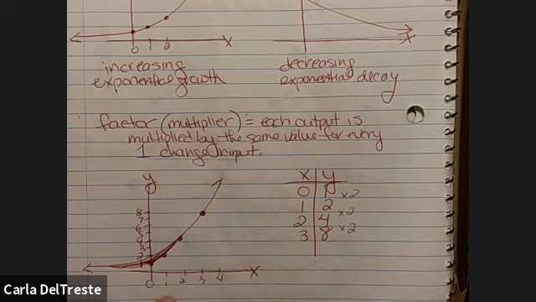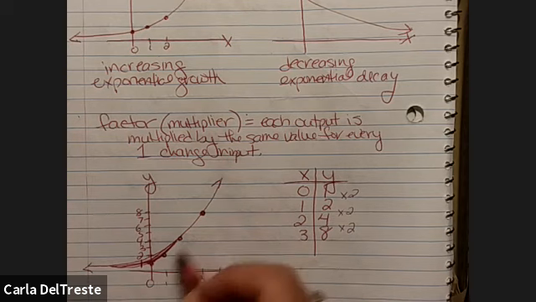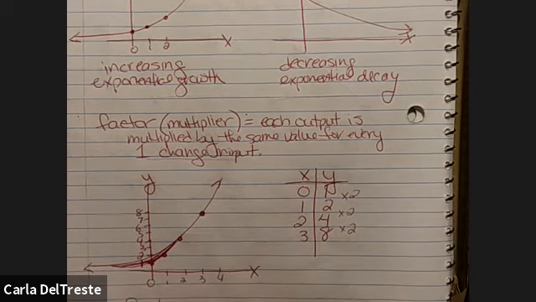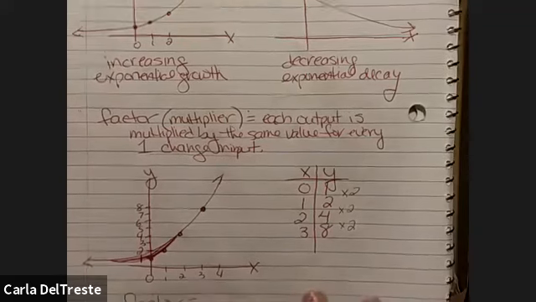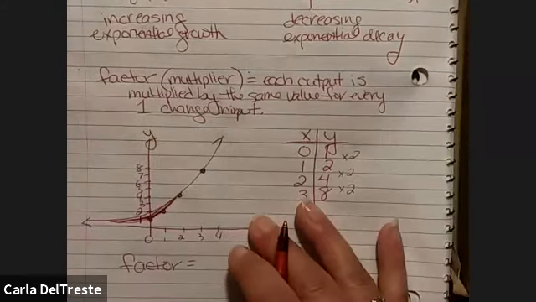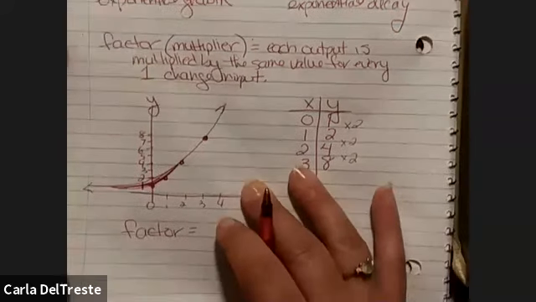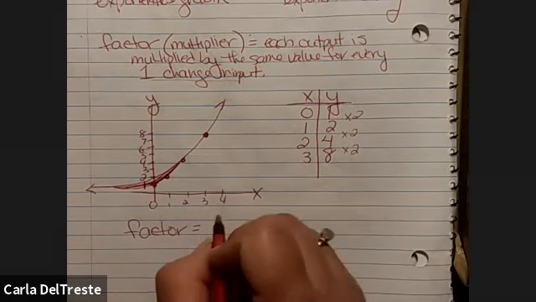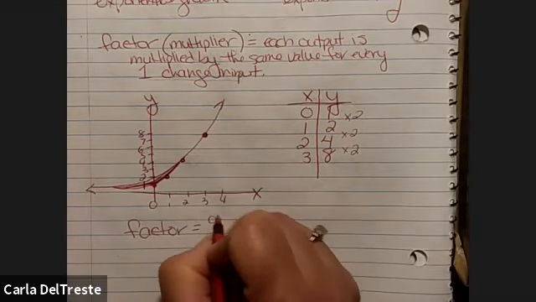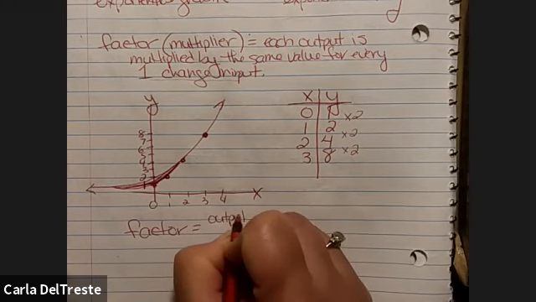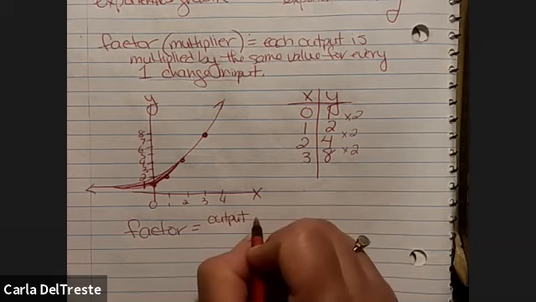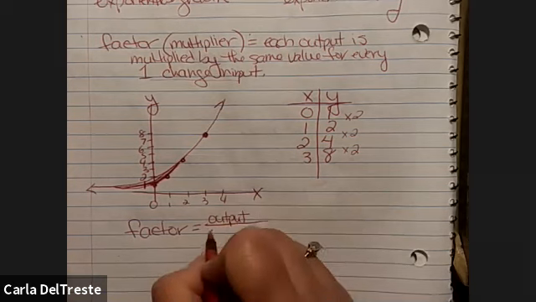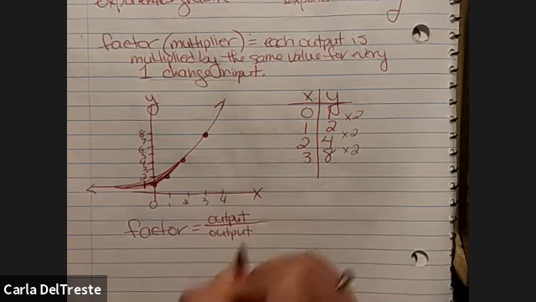Okay. How are we going to figure that out from the graph? Well, factor, since it is a multiplier, to figure out multiplication, we're going to have to do division, because we know that those are inverse operations, okay? They will negate each other. So the factor is the output divided by another output, okay?